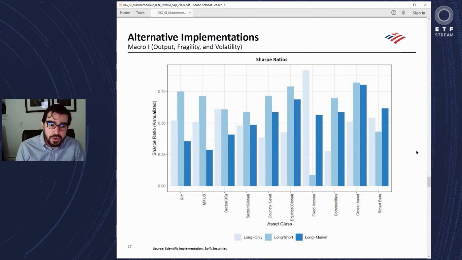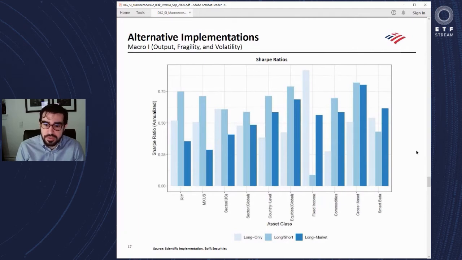What I show here is the macro 1 version, which is the performance of an equal allocation to output, fragility and volatility. And I'm showing 3 different implementations. The first one is a long only implementation, the second one is a long short, and the third one is a long minus market, where market is, for the case of equities, the broader universe from which stocks are derived, and for the other implementations is an equal allocation across the individual assets of the grouping.